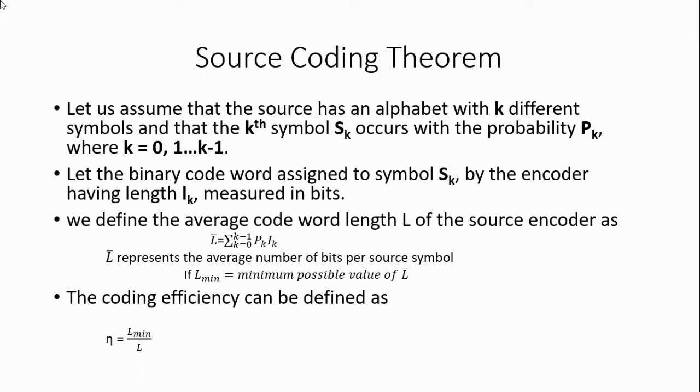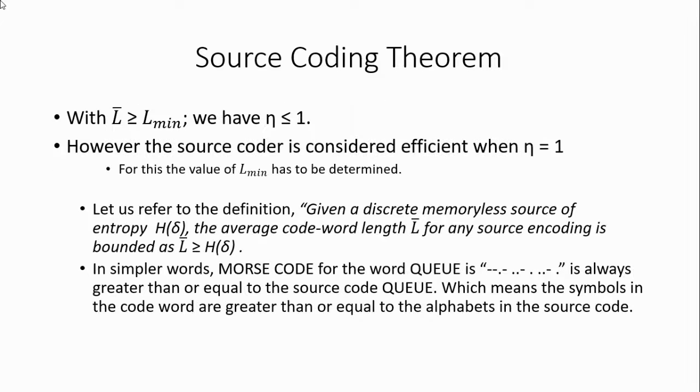Here, if L minimum is the minimum possible value of L, the code efficiency is defined as eta equal to L minimum divided by L. When L is greater than L minimum, the eta value is less than 1. The source encoder is considered efficient when eta equal to 1.